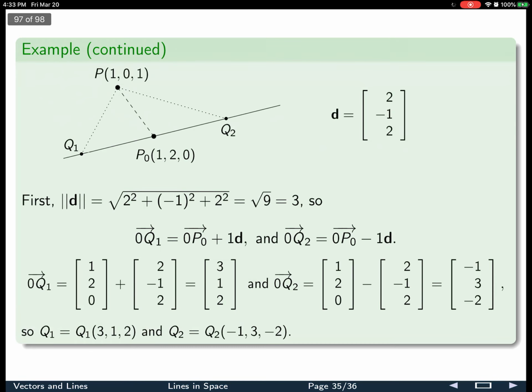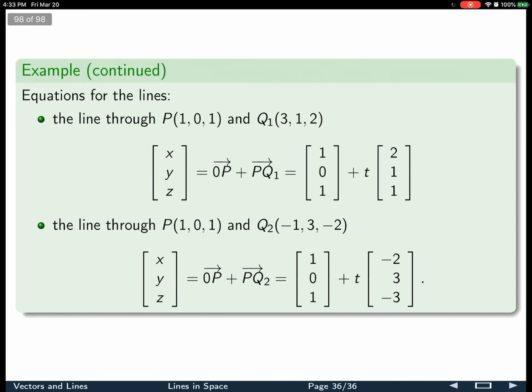And so now we have points Q1 and Q2, and in order to come up with the equations for the lines, all we do is subtract Q1 and P, and then we subtract Q2 and P, and those would give us the two direction vectors that we seek to actually create the line L1 and the line L2.